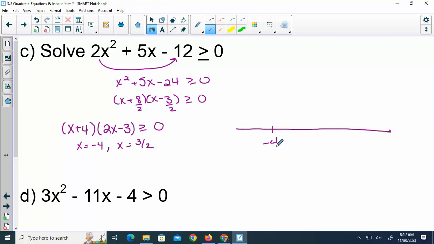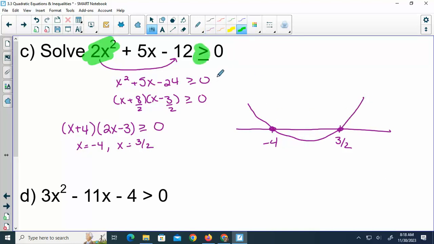So those are the points on the x-axis. And then, how did this parabola open? Up. It was a positive 2x squared, so that means it opens up. We want greater than 0.